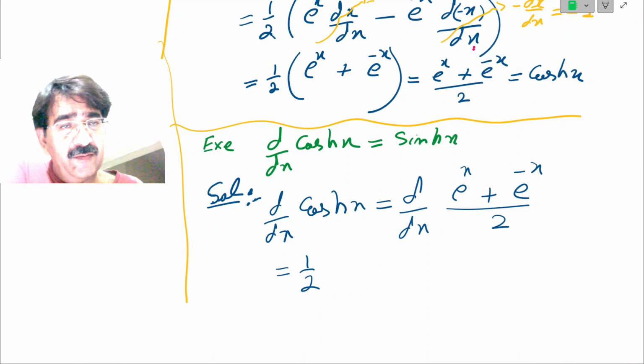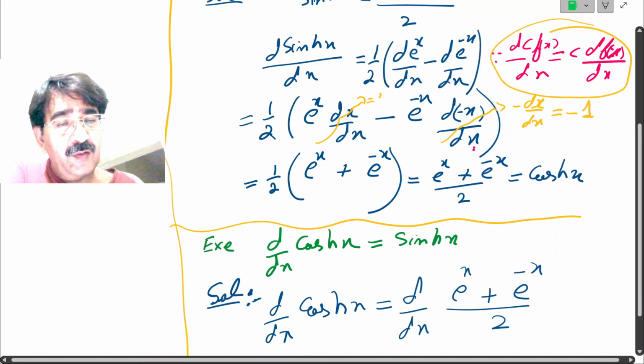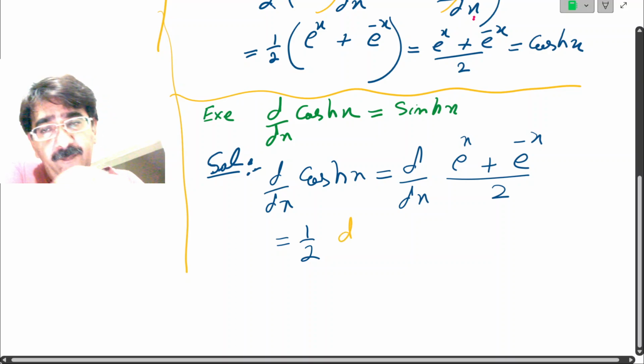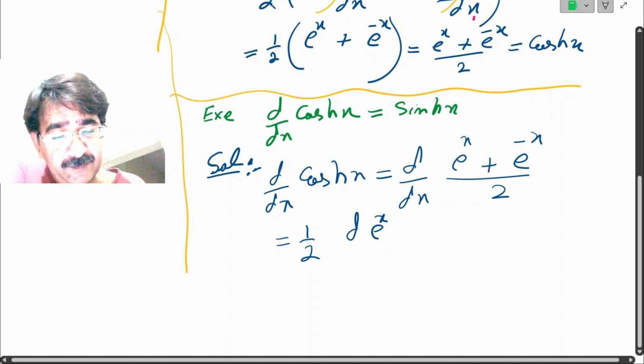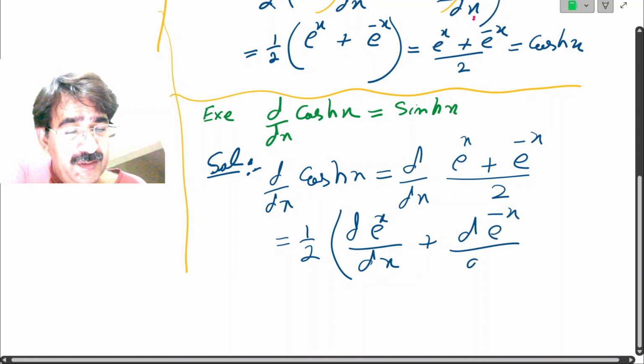The same formula will be applied here: d by dx will be applied on e^x plus e^(minus x).